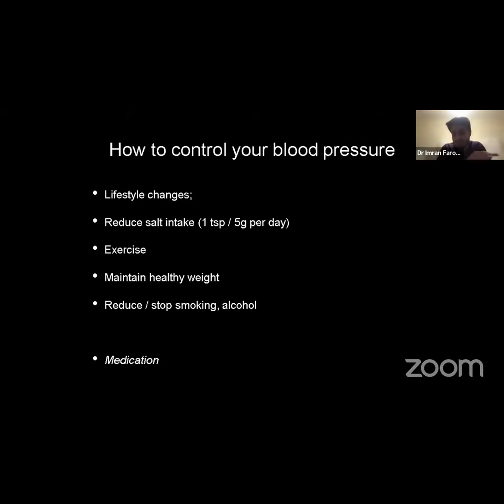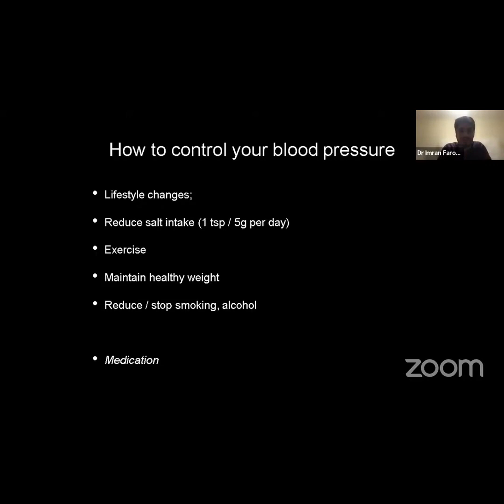It doesn't mean you have to achieve the absolute maximum, but if you can start to look at these things, reducing salt, doing a bit of exercise, and if you smoke, try and cut down or stop, we know that your blood pressure is going to be a lot better, and then hopefully that reduces the chances of having heart attacks and strokes in the future. I've added medication on there because that's something from a doctor's side that we can do to help you control your blood pressure if it is indeed high.